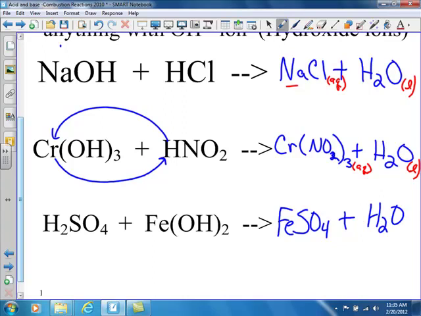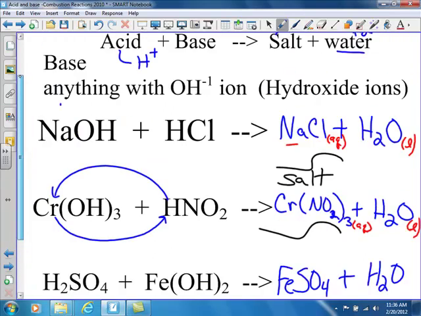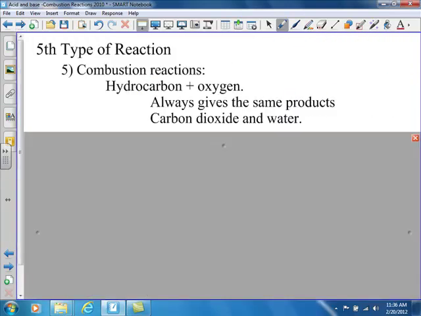Okay? And so those are our products of an acid-base reaction. You always get a salt, and every one of these, because it's an ionically bonded substance, those are your salts, and then you get the water. Okay? And that's all I'm going to do with those. So that's just one of our special types of double replacement reactions.